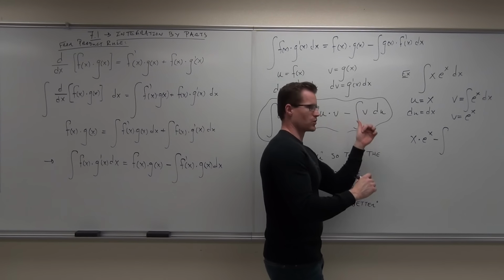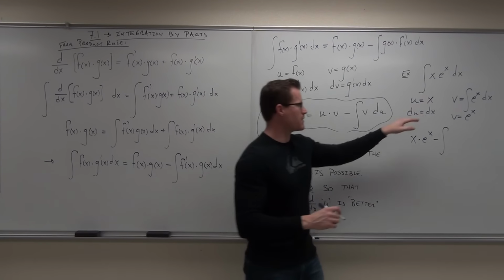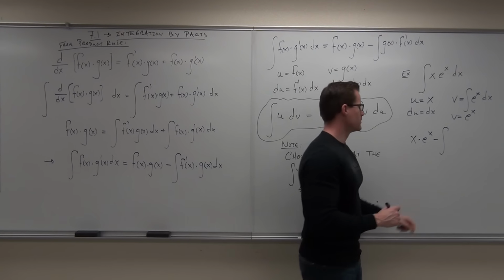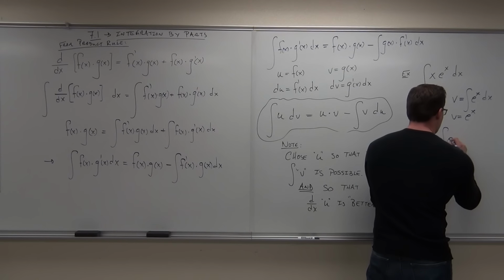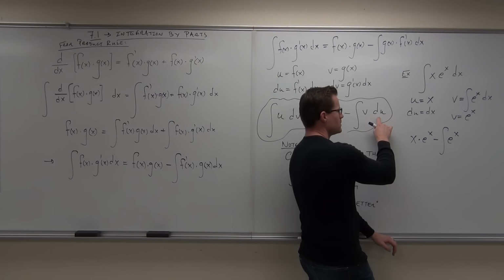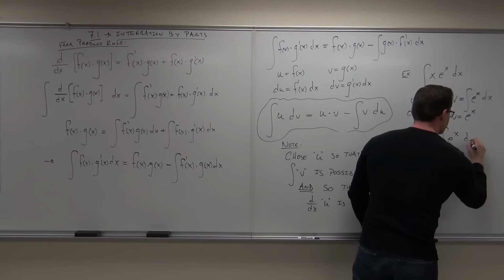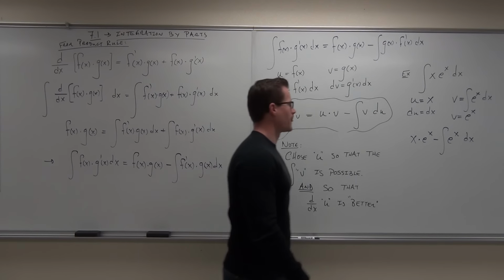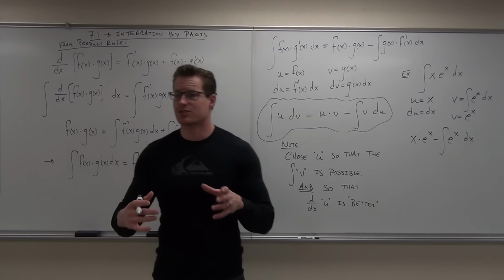Notice there's another integral. You do integration twice here. One to find the v, and then again in your formula. e to the x. I'm sorry, what was the du? dx. That's the idea.